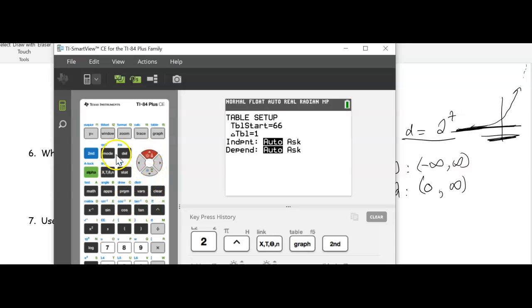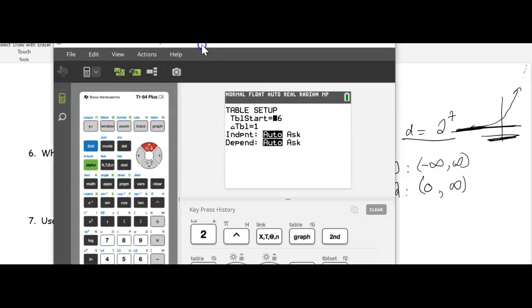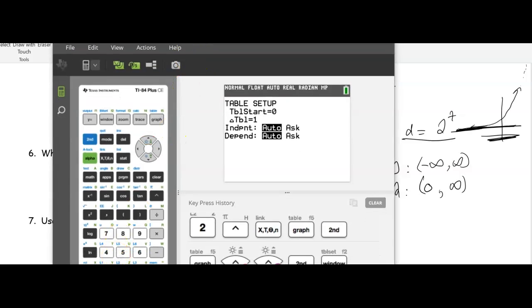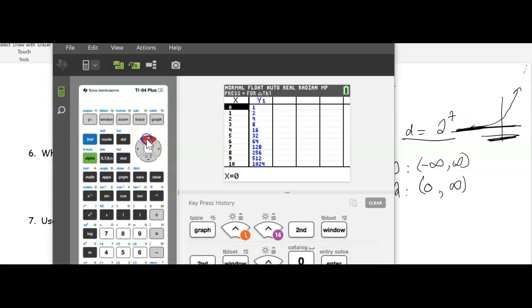So if we move to 0, let me start this off at 0. All right, now watch as I go further and further left. We're going to get really, really close to 0. But does this column here, which are the y values on our graph, ever touch a y value of 0?